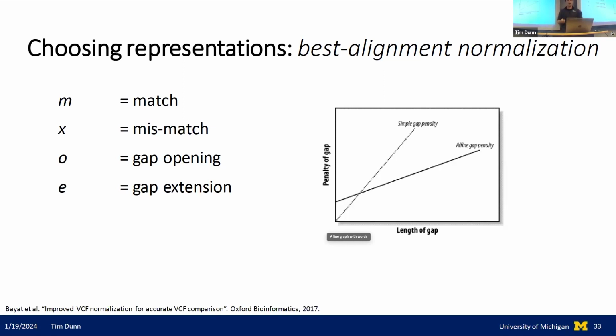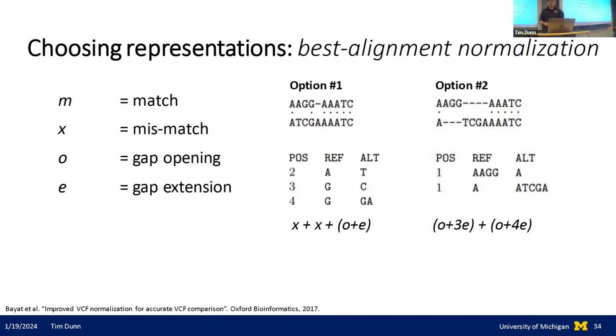But once you do have an insertion or deletion, then having one that's a little bit longer is not that much less likely. And so you assign penalties for two bases matching one another, and then for two bases not matching one another, which would be a substitution. And then you have a penalty for starting a gap of an insertion or a deletion, and then a different penalty for extending a gap for an insertion or deletion.